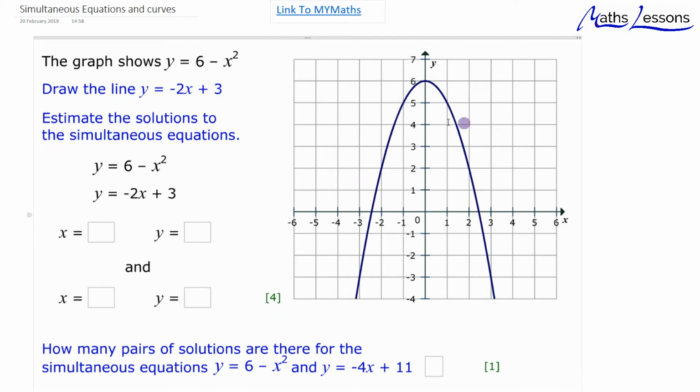We're using the graphs to help us with these simultaneous equations.